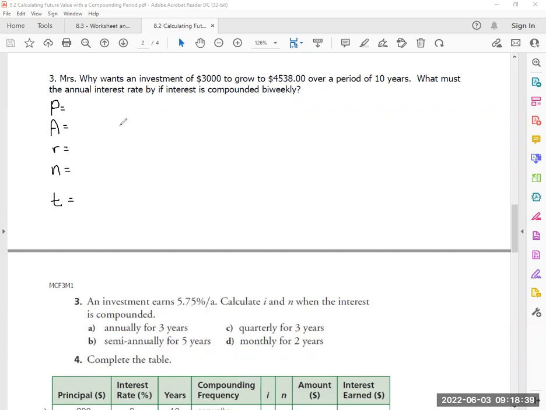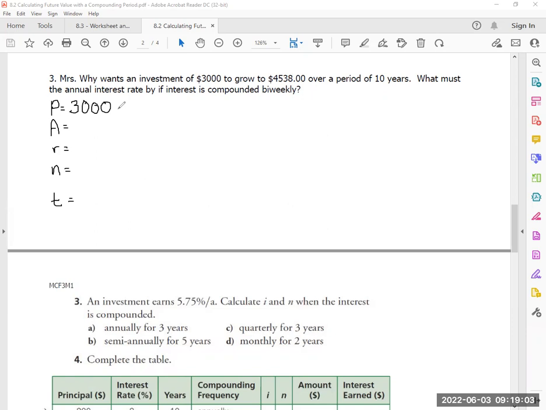All right, here we go. This is why I want an investment of 3,000 to grow to 4,538 over a period of 10 years. Packed with information. What is my principal? Well, looks like Mrs. Y is going to put in 3,000.